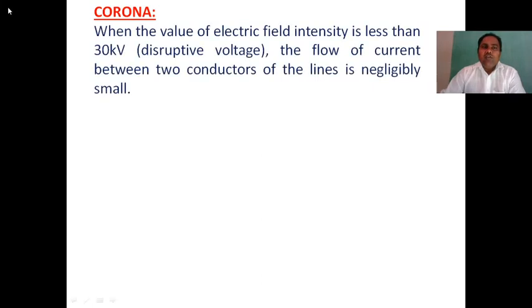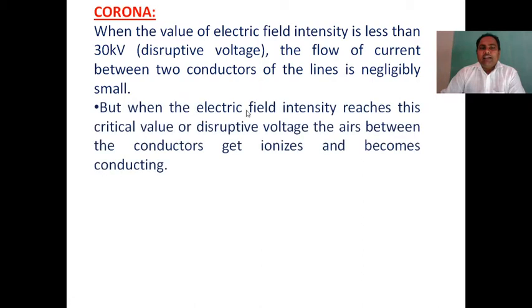When the value of electric field intensity is less than 30 kilovolts, the flow of current between two conductors of the line is negligibly small. But when the electric field intensity reaches this critical or disruptive value, the air between the conductors ionizes and becomes conducting.